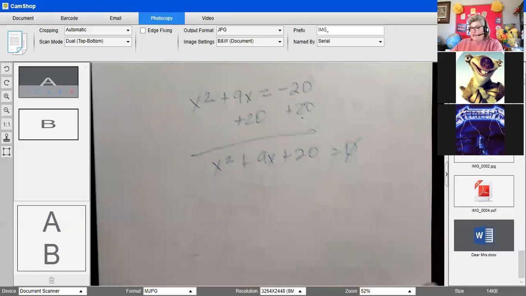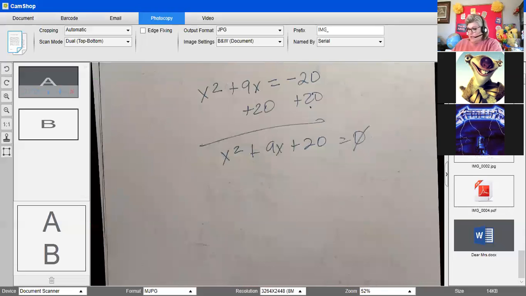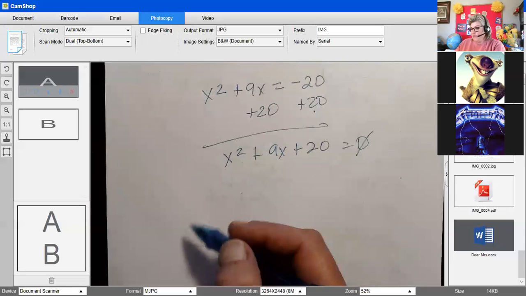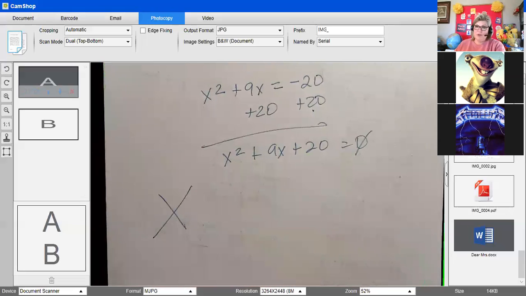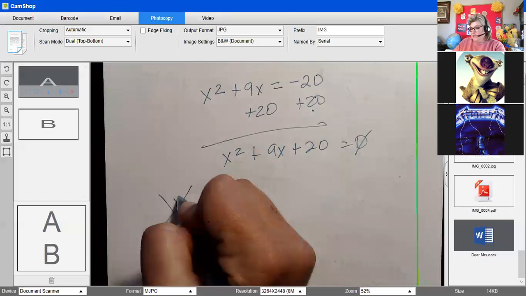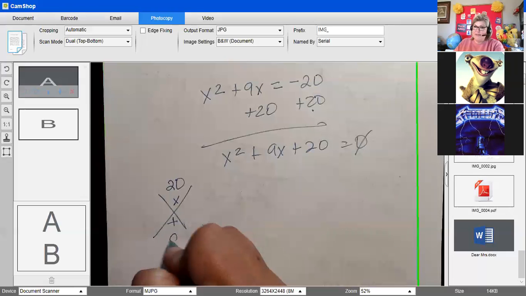Now they asked us how could we use factoring, so we know we're going to have to factor it. And we can go back to our puzzle that we're asking, what can we multiply to get 20 and add to get 9?